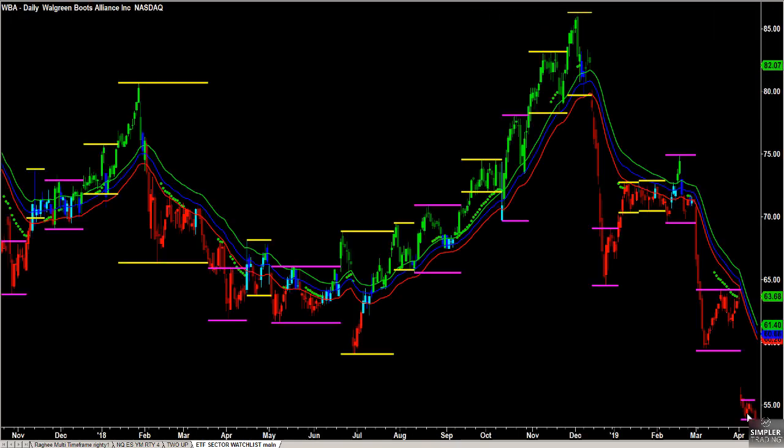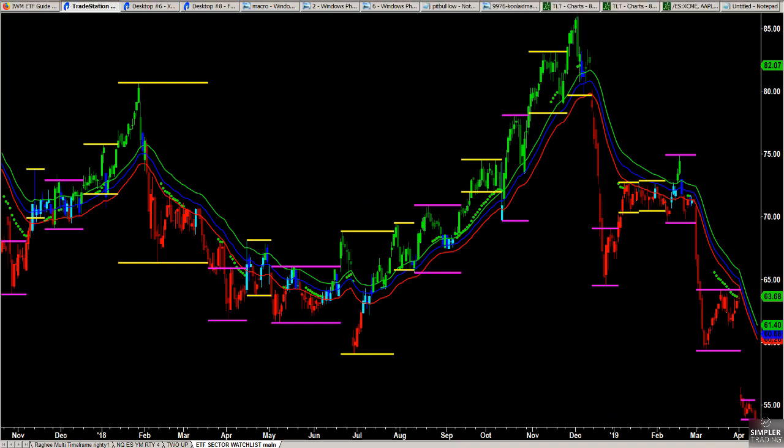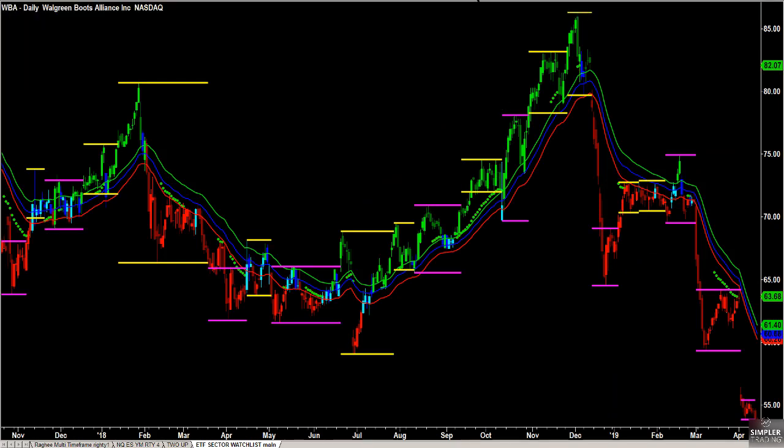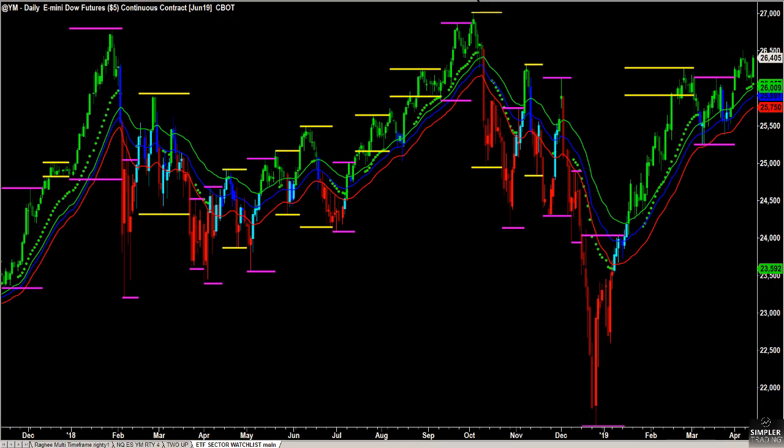It's a very low weighted name within the Dow, about 1.5%, compared to about 9% for Boeing. But we saw what it did to the YM. So even lower weighted names, if they have a significant move, can affect the broader average.